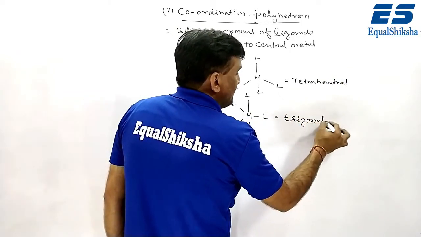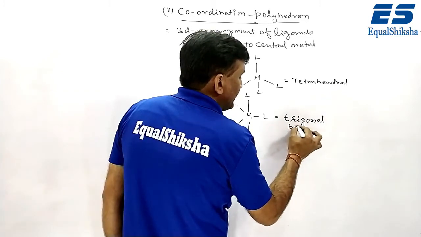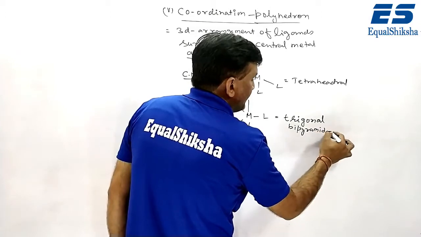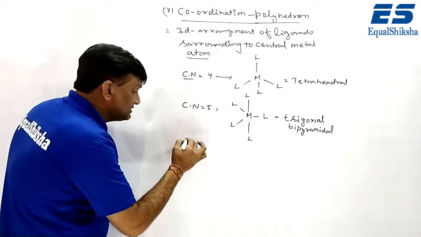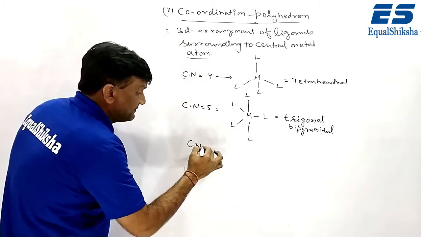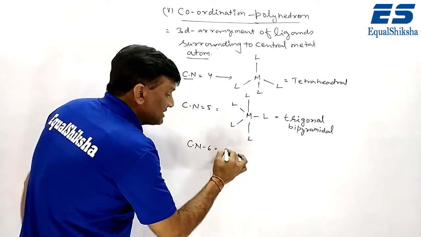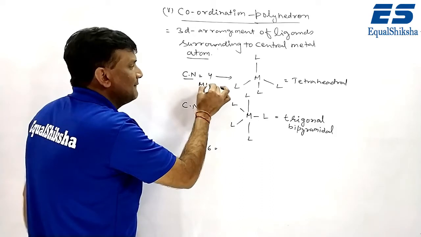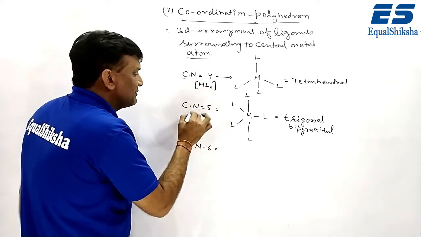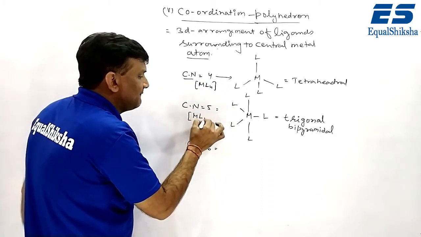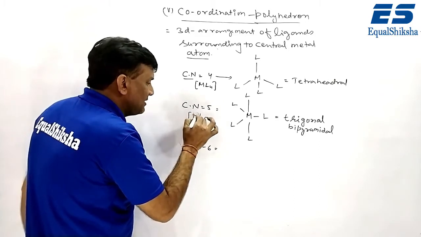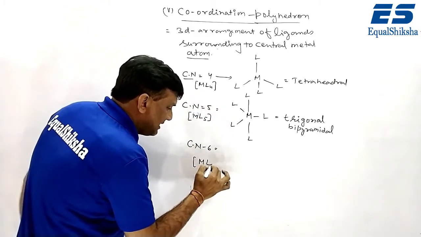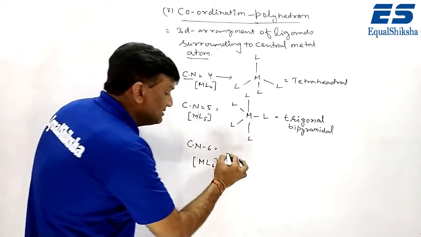This will be trigonal bipyramidal. And for coordination number 6, for example, you can write here ML4 as a formula, you can write ML5 as a formula, or you can write ML6 as a formula.